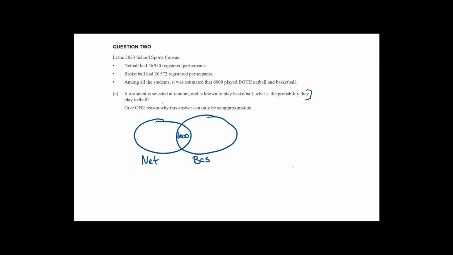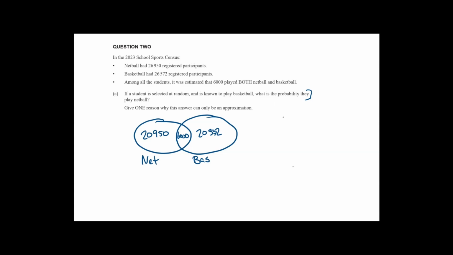If we have netball, how many are on this side? So this is going to be pretty easy to work out. 20,950, and this is going to be 20,572. Okay. I don't know if we need to do that, but I'll do it anyway.